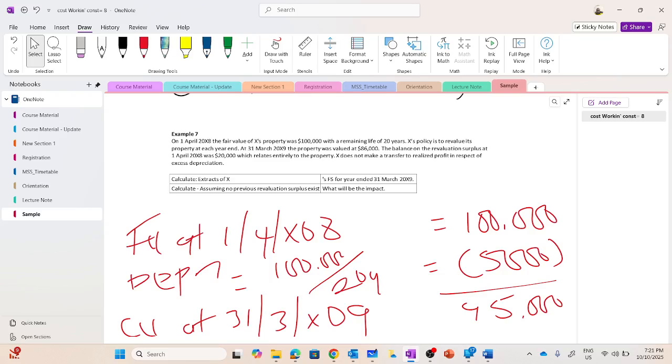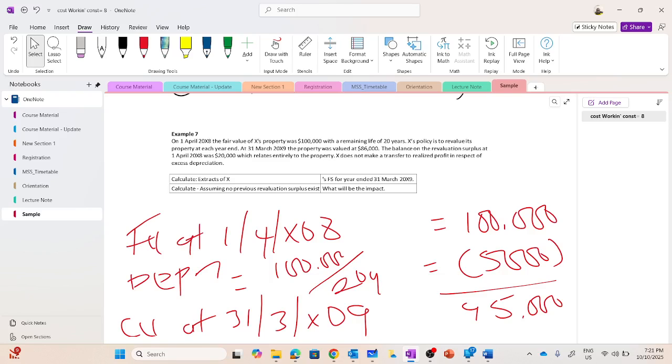Based on IAS 16, whenever we have a value in the revaluation reserve and subsequently there is a loss on revaluation, IAS 16 clearly states that we need to account for the revaluation loss first against the revaluation surplus. If any remains, then we transfer that remaining amount to expenses.